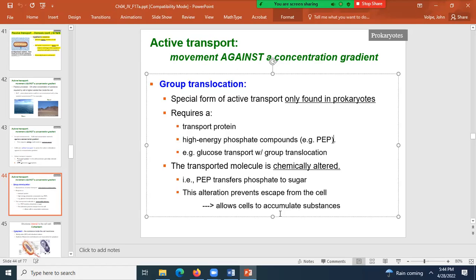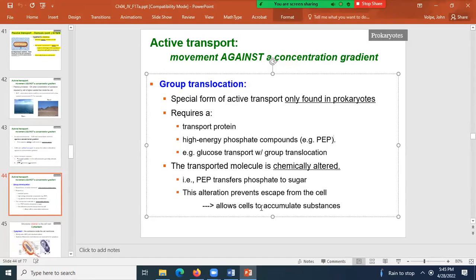If there's 10 glucose molecules outside the cell and none inside, the cell could use active transport and a transport protein to transport all of the 10 into the cell. But each time a glucose is moved into the cell, it'll be moving glucose against a higher and higher concentration gradient. And that would be more and more difficult.